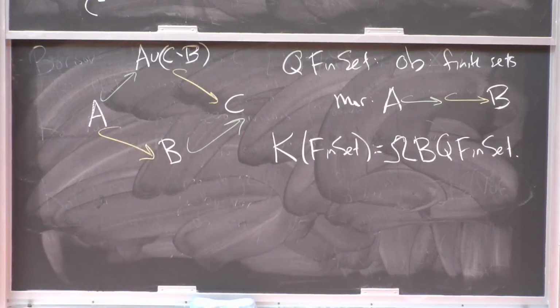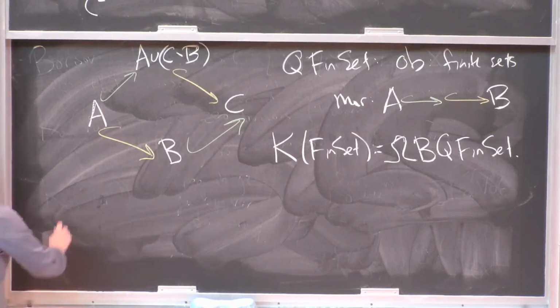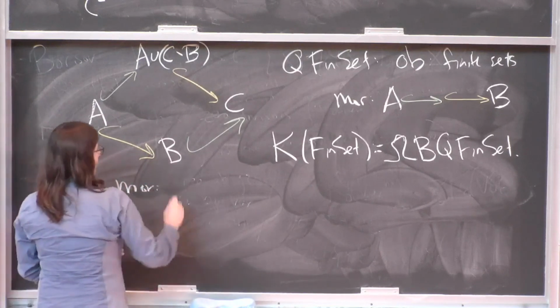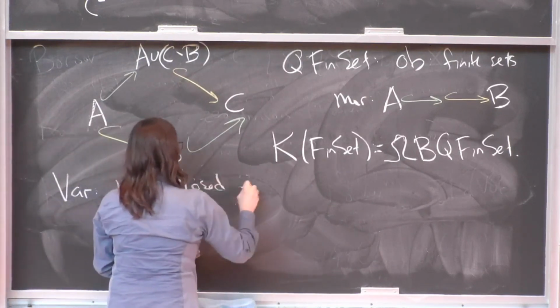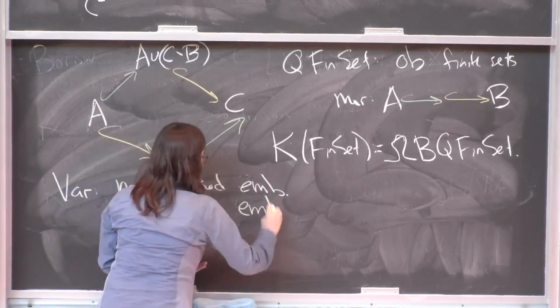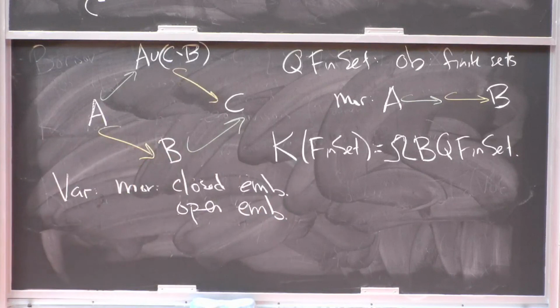Okay, so we have that. Now we need to say, okay, how can we do this with varieties? It's easier to see the analogy here than previously. For varieties, we have two kinds of morphisms, which are closed embeddings and open embeddings. And now we can do the exact same thing.